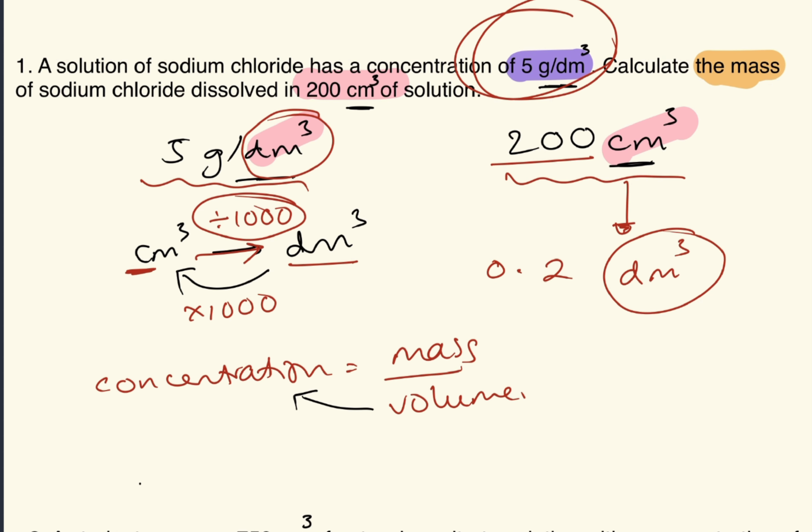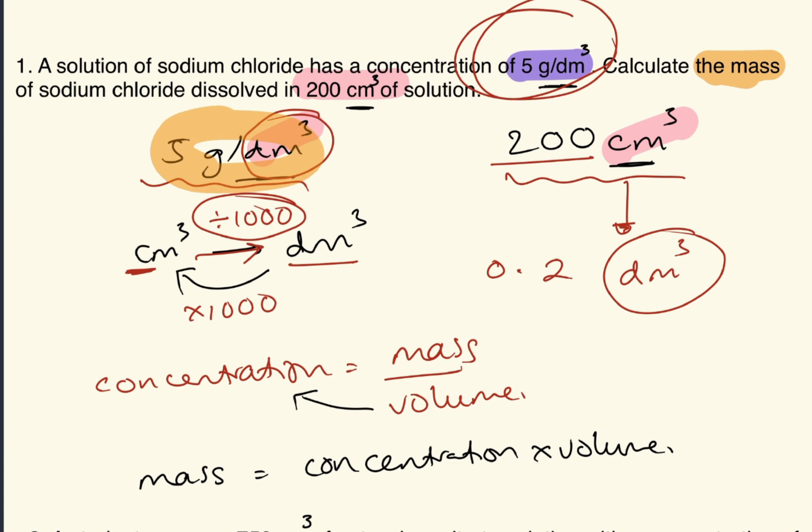That means mass is equal to concentration times volume. Our concentration from the question was 5. Put 5, and we're going to multiply that by 0.2. That should give us a value of 1 gram. Let's look at the next question.